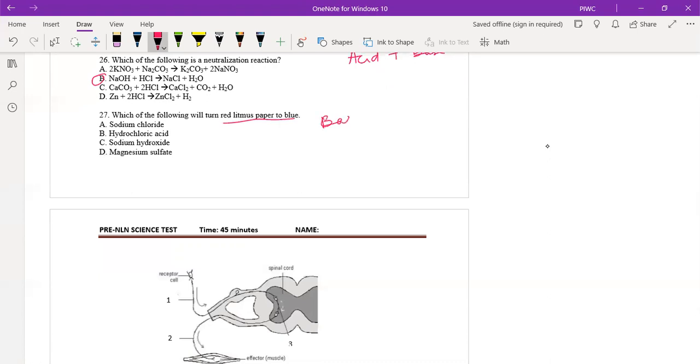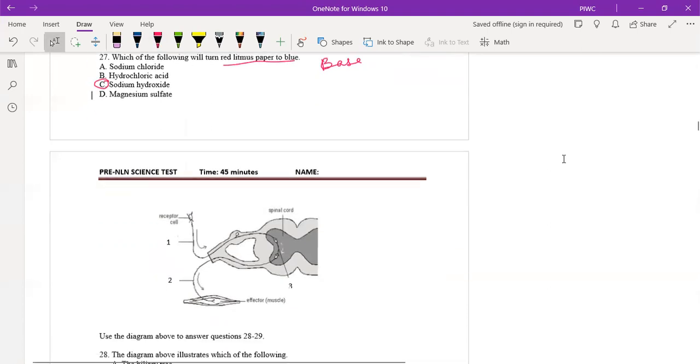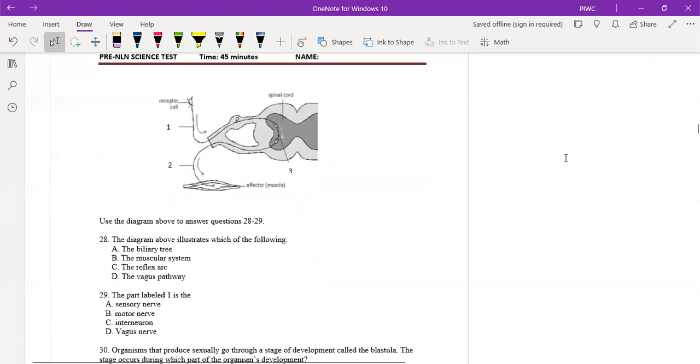Something that is a base. So which one will be a base here? Sodium hydroxide, right?